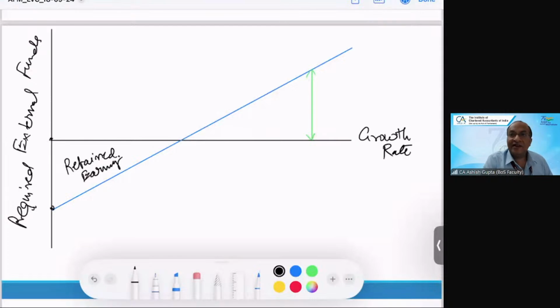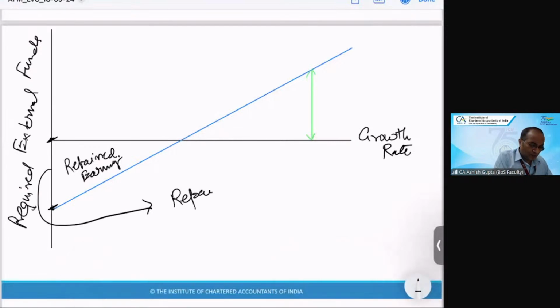Suppose there is no growth. So whatever be the retained earning, that will be used to repay the debt or buy back equity.